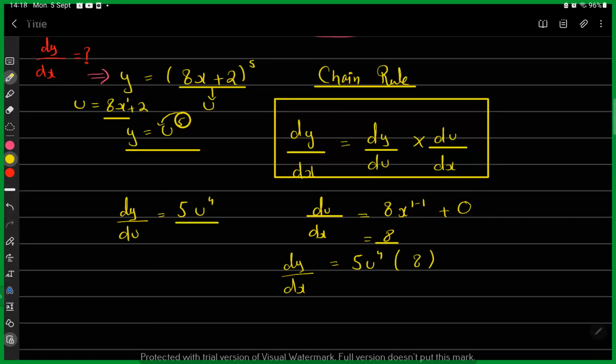And lastly, I'm going to plug in the value of u, that is 8x plus 2. And this would become 40 multiplied by (8x plus 2) to the power 4. And this is the answer.